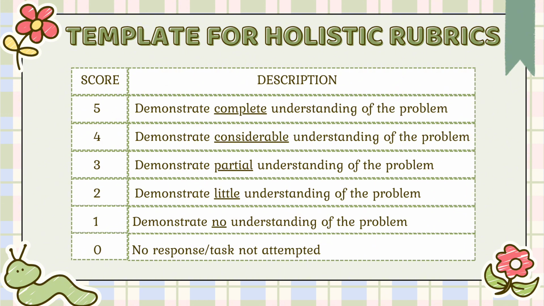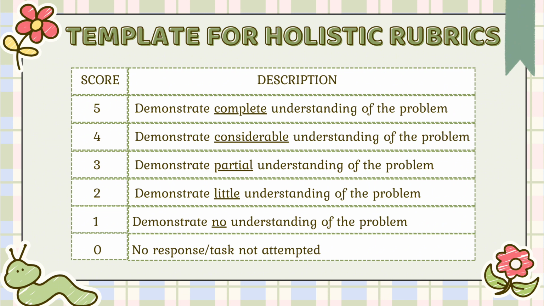able to accomplish. Number 5, demonstrate complete understanding of the problem, or all requirements of the task are provided. Number 4, demonstrate considerable understanding of the problem, mostly included. 3, demonstrate partial understanding of the problem, slightly included.